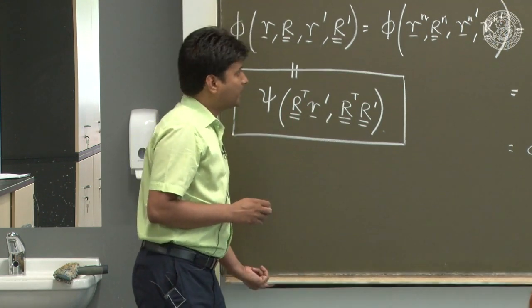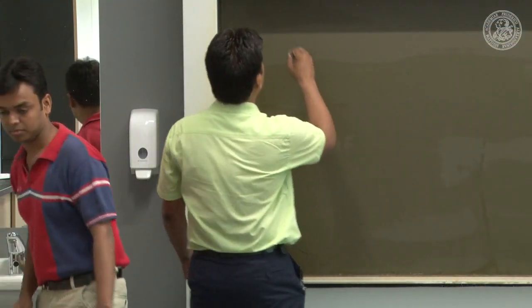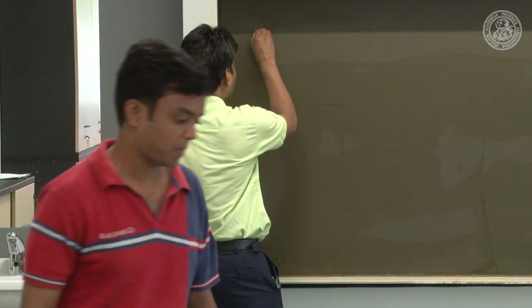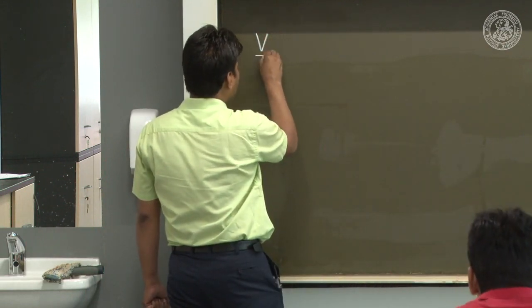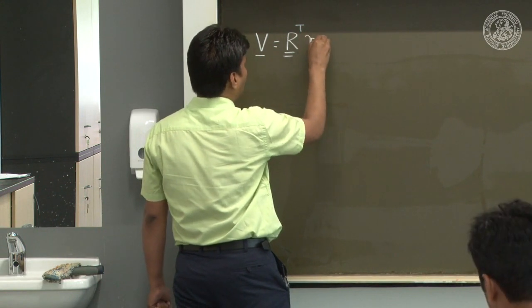So, we can try to find out the physical meaning. Okay, so, let us define V equal to big R transpose small r prime.